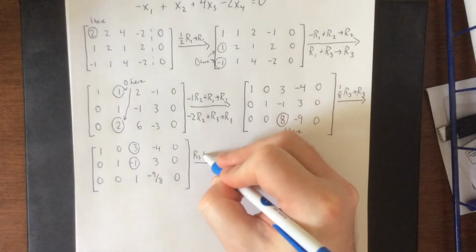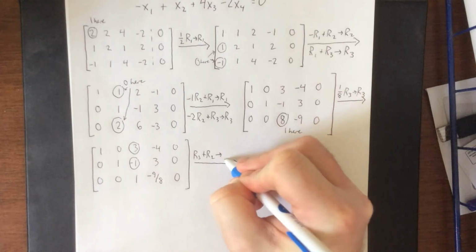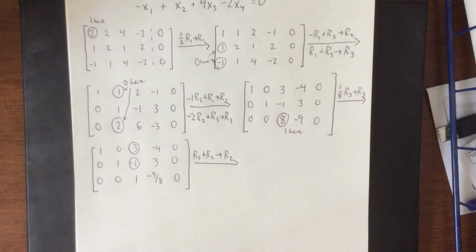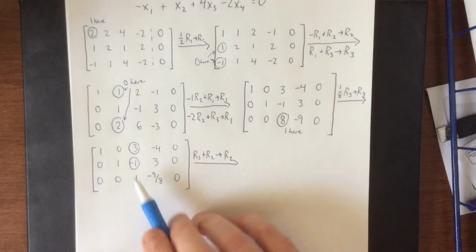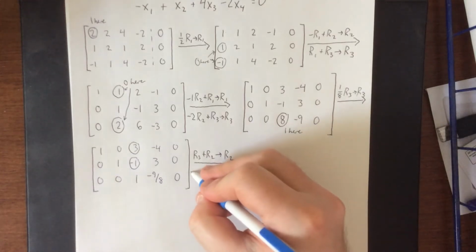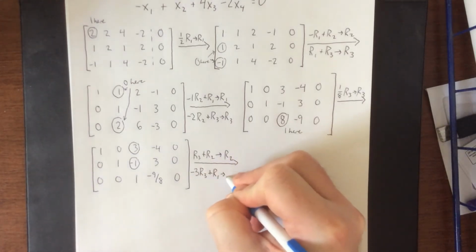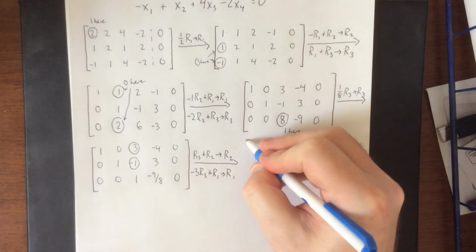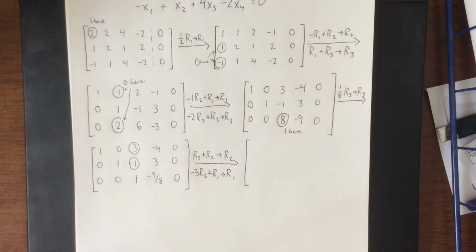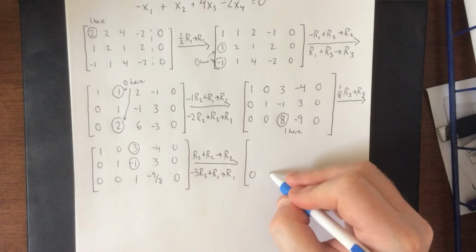So row 3 added to row 2. That'll give us the new row 2. We'll also do negative 3 times the third row and add to the first row. Negative 3 times the third row, add to the first row, and that'll become the new first row. Once we do these operations, this should take us down to reduced row echelon form.